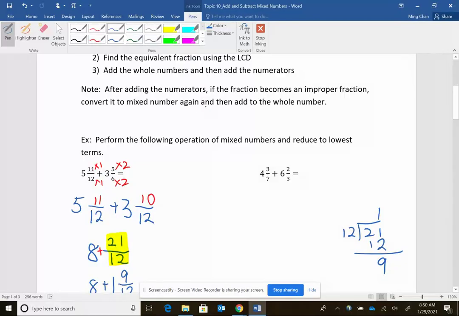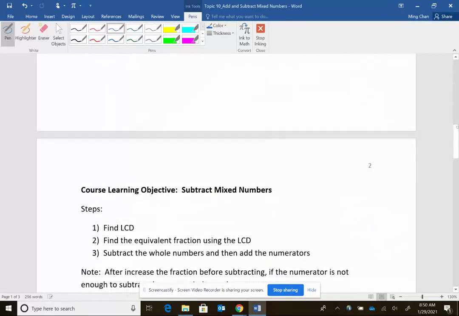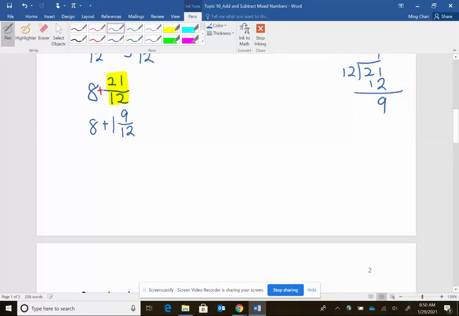After we convert into a mixed number again, then we've got to add the whole numbers. So my answer should be 9 and 9 over 12. Be careful: 9 over 12 can be reduced, so we'll reduce that. That becomes 9 and 3 over 4. That will be the final answer.